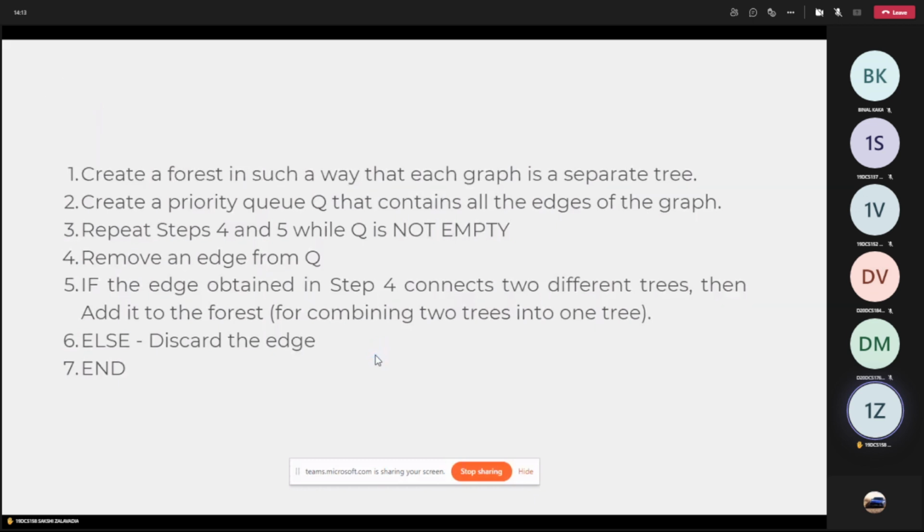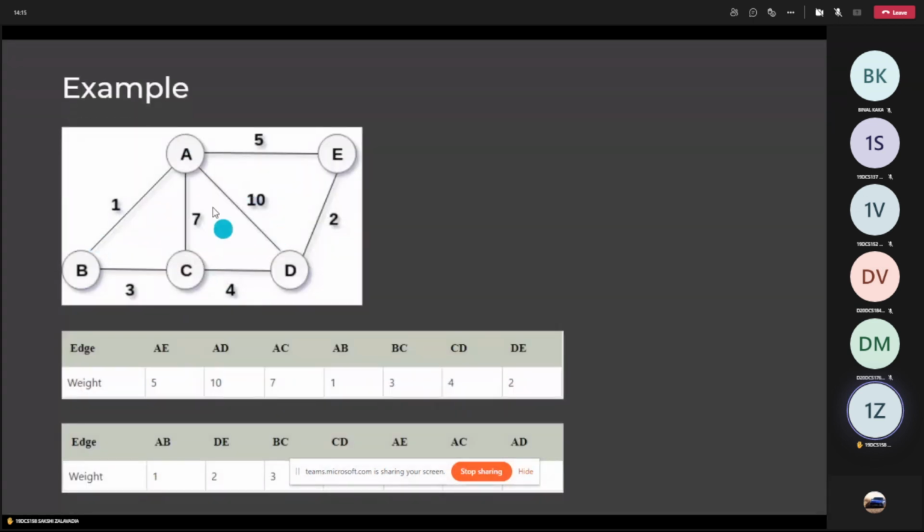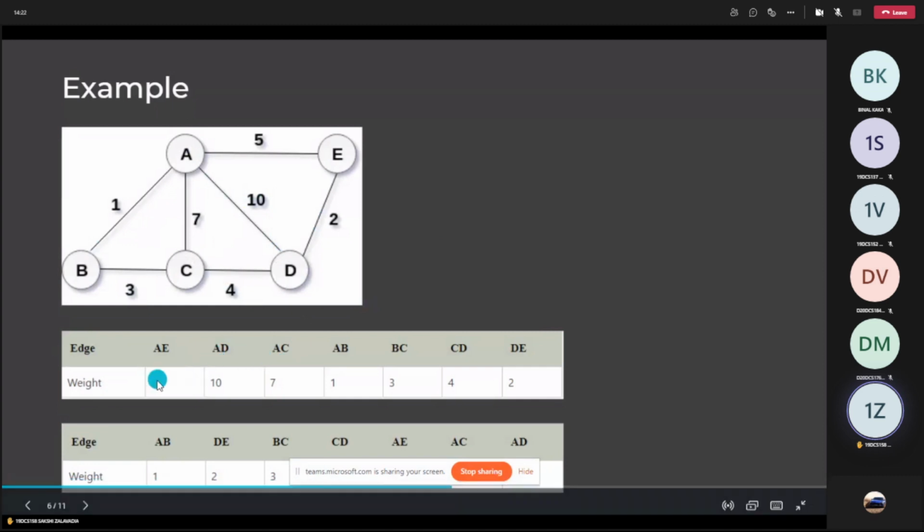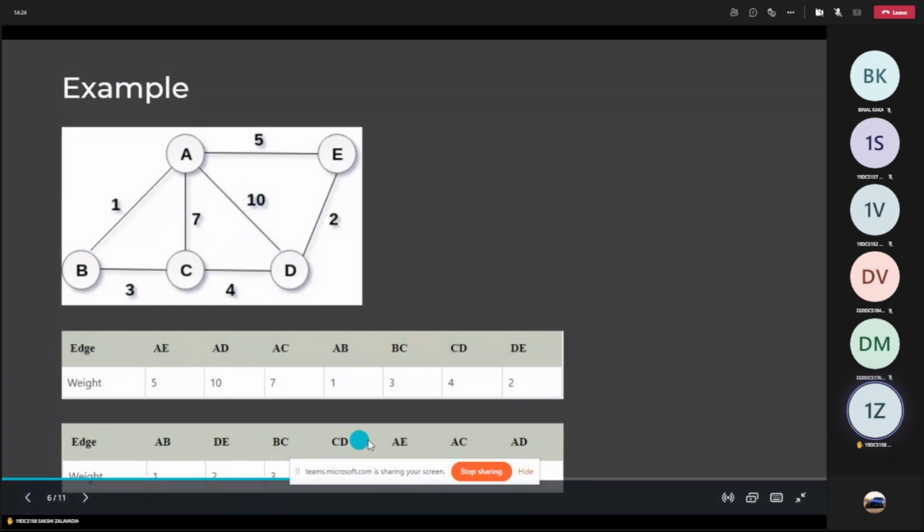Now let's see it using an example. We consider this graph, and we note down all the edges and their weights, and then we arrange them in ascending order.